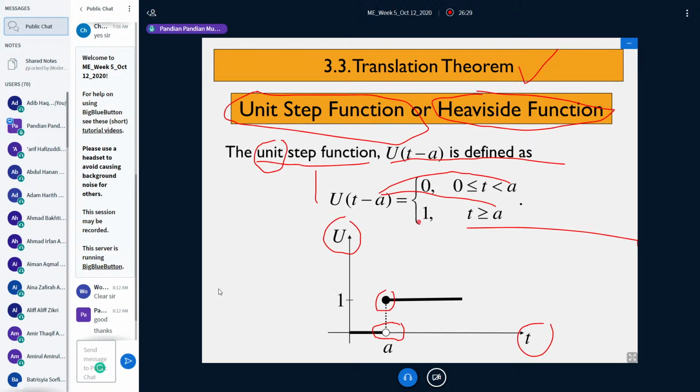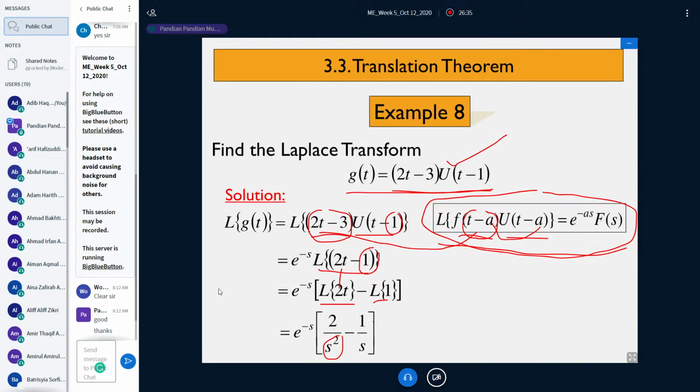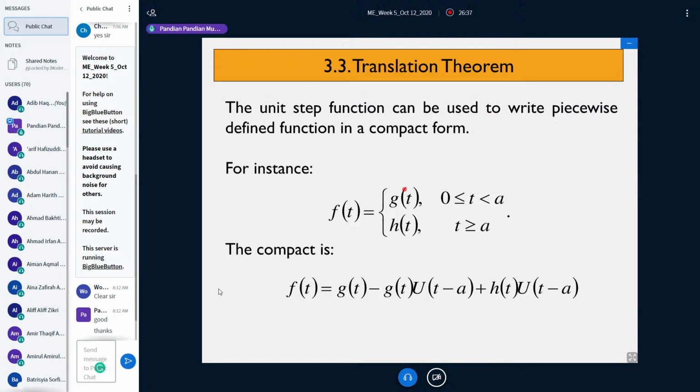So this one, 0 and 1. Now you compare this one. This one is g(t), and this is h(t), 0 to a, t greater than a. So that means you have 2 different functions.